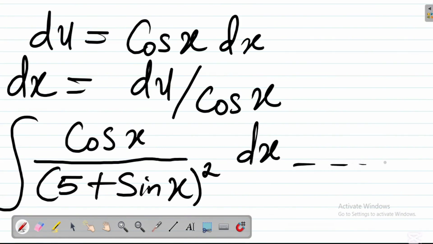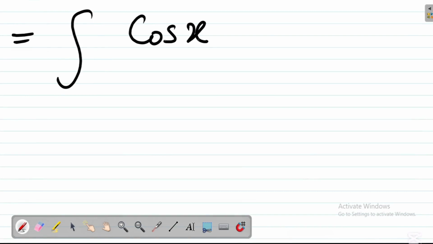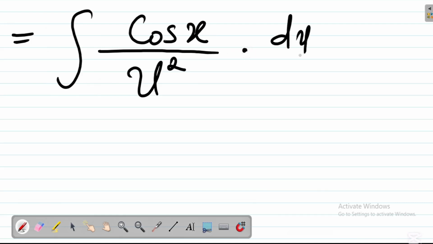So if we substitute into equation 1, we would have integral of cos x all over u squared multiplied by du all over cos x, because dx gave us du all over cos x, and then we took u to be equal to 5 plus sin x. That's why we have u squared here.